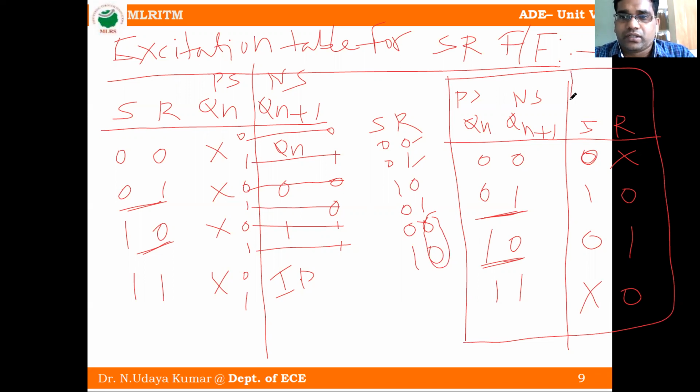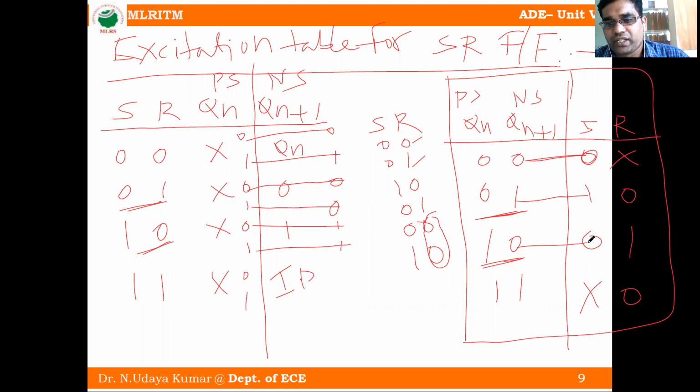Okay, you can simply remember how to get the excitation table. In the SR flip-flop, the next state you write as it is. It is a trick. How to get the excitation table: in the excitation table, Qn+1 must be the next state. So all are 0, 0. Here 1 we write as it is and 0 we write as it is.